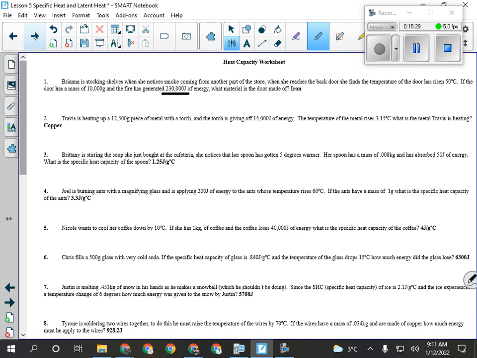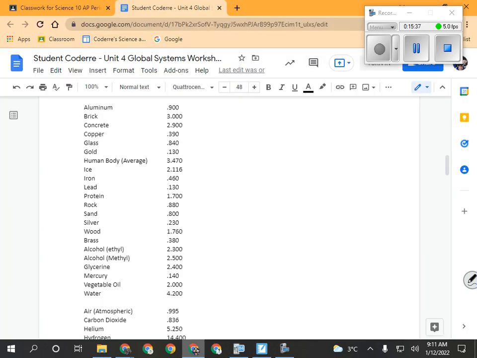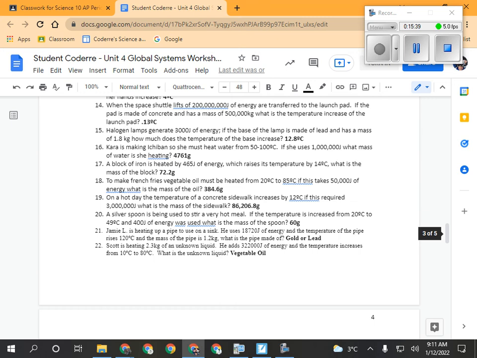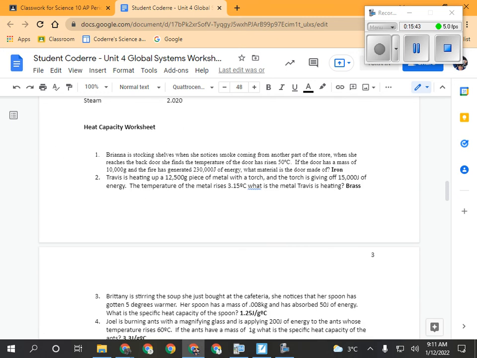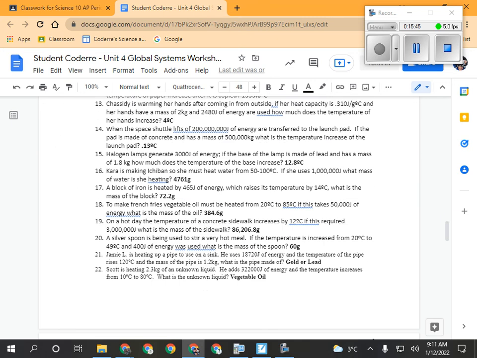All right, so on that worksheet that's in your notes package, you have these questions. We've got the heat capacity worksheet, and there are 32 questions on there.